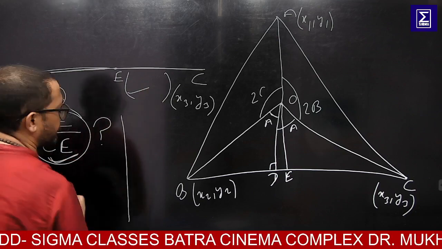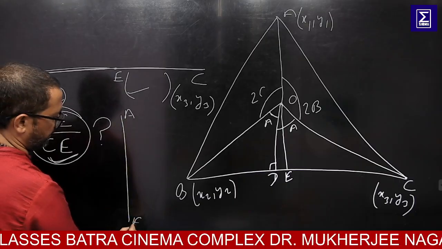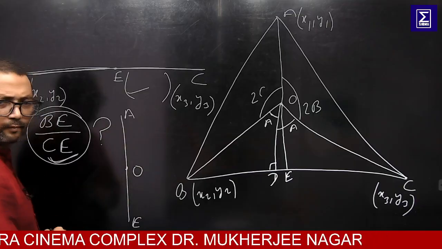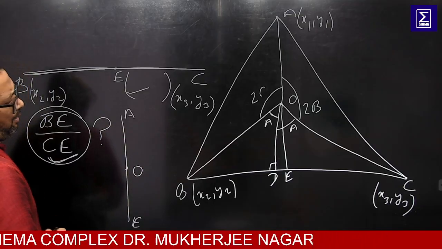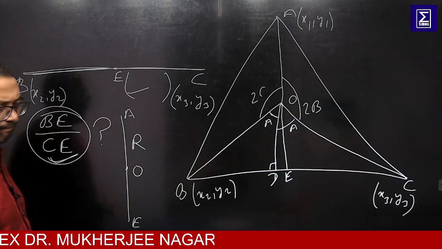Second part is, now see, A, add here E, and this is O. AO is already given, that is the circumradius.